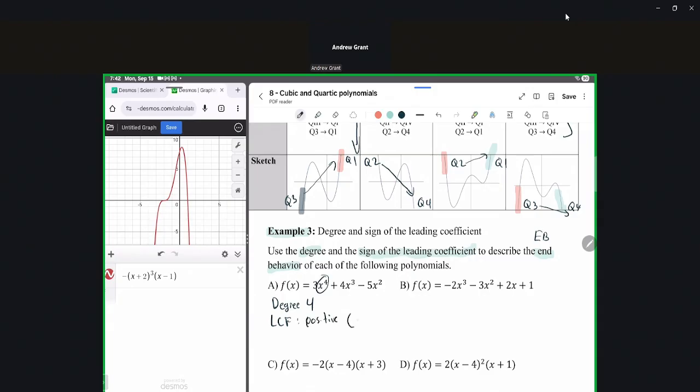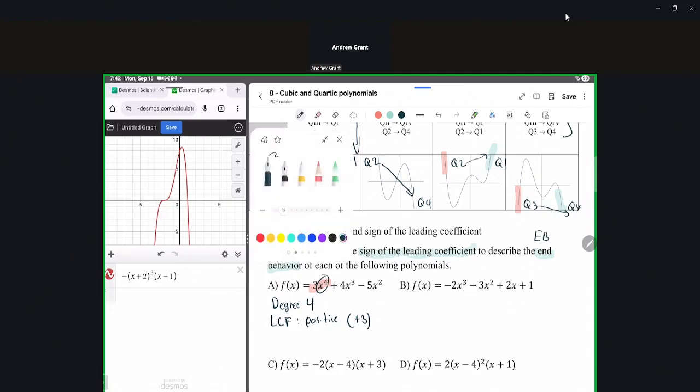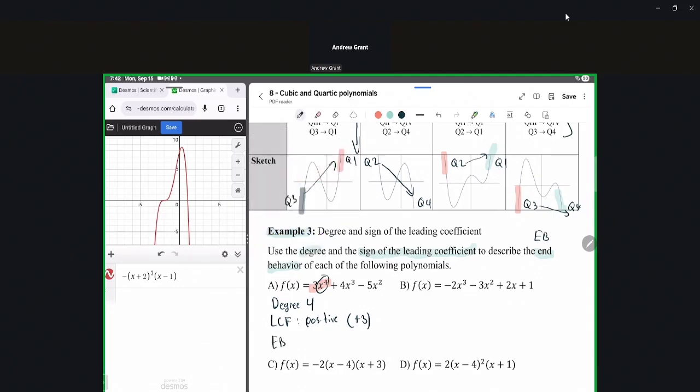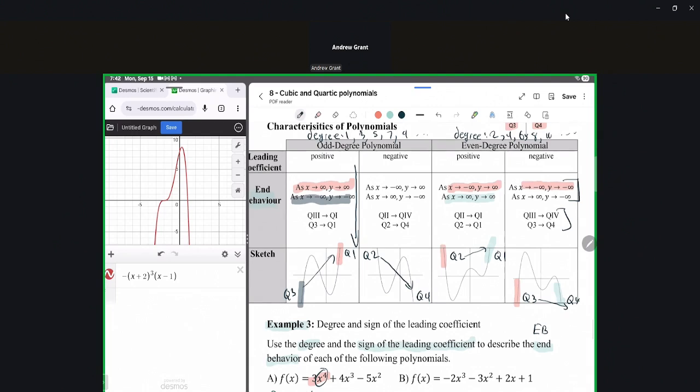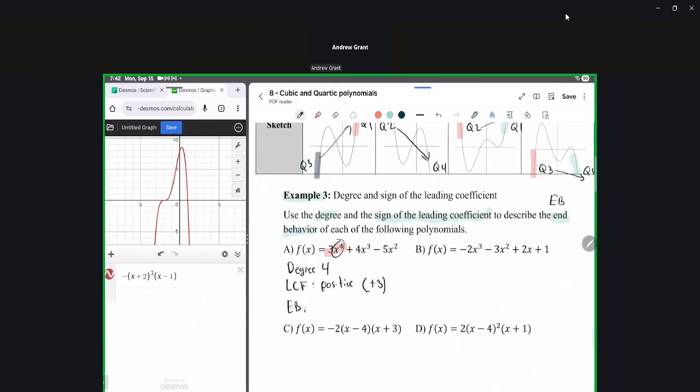In case you're wondering, it's specifically positive 3. And what does the end behavior do? Let me just have a look up here. For an even degree positive polynomial, we go quadrant 2 to quadrant 1.